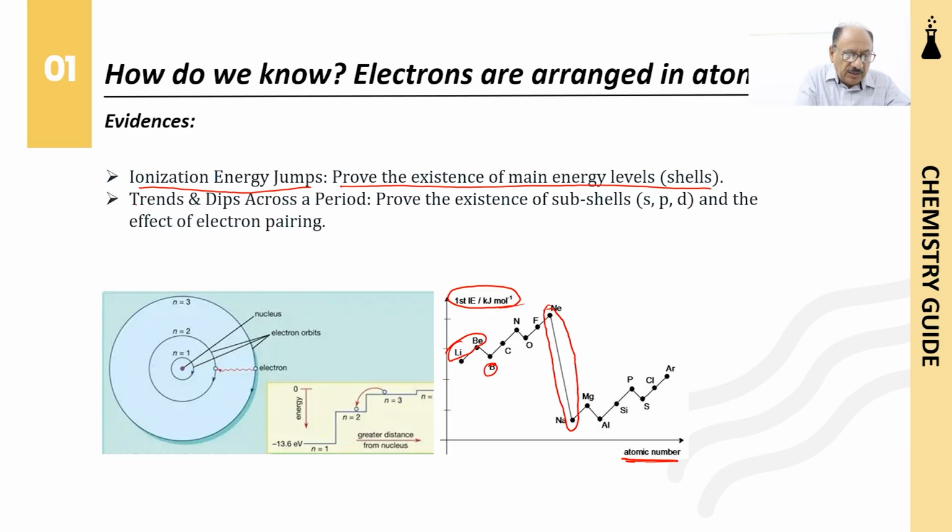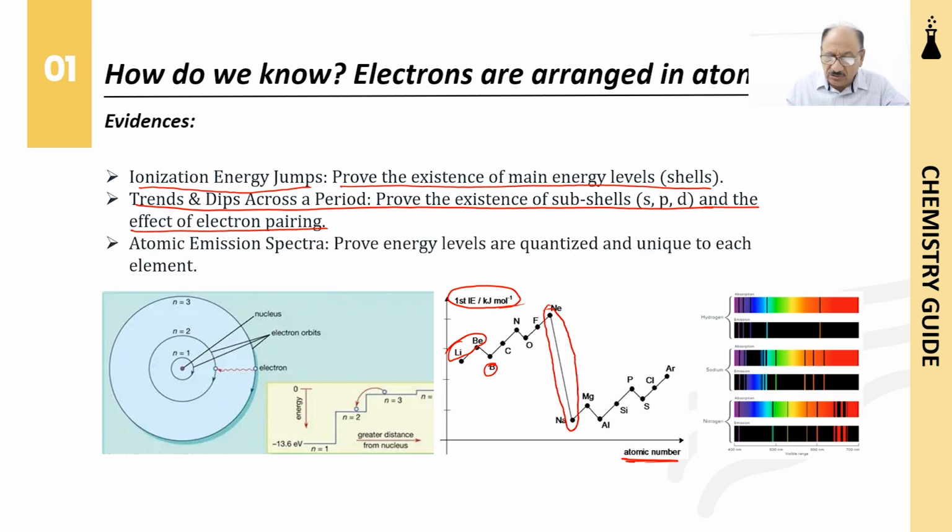Further, trends and dips across a period prove the existence of subshells s, p, and d, and the effect of electron pairing. One more evidence we can discuss is atomic emission spectra, which proves that energy levels are quantized and unique to each element.